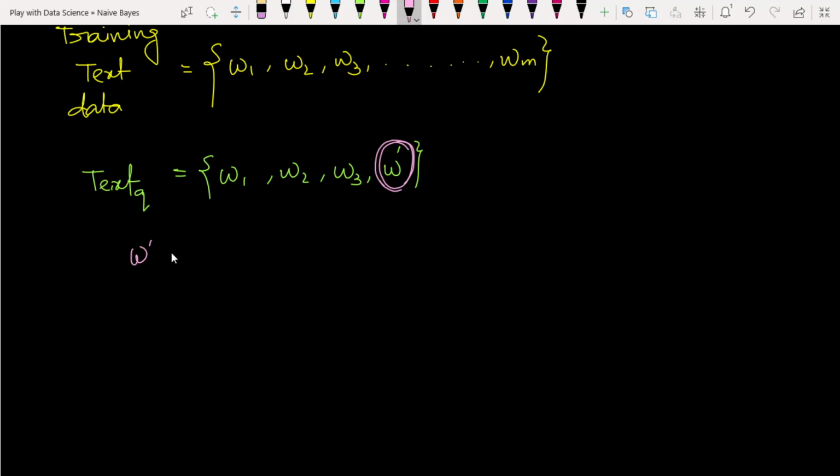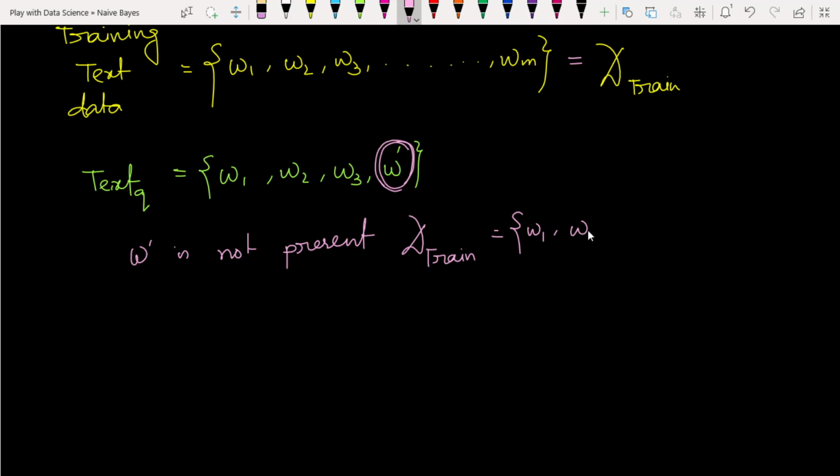Suppose w dash is not present in our training text data set, which we call Dtrain, that is w1, w2, up to wm.